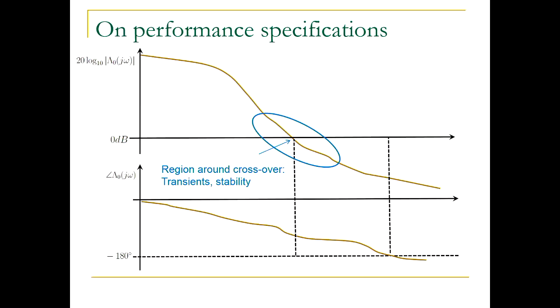What is the crossover frequency? The crossover frequency is exactly the point where you cross that circle, right? So the circle of radius 1 centered at the origin. So if you cross this circle at the point where phase is minus 180 degrees, what does this mean? You passed through the point -1. What if this phase is smaller?